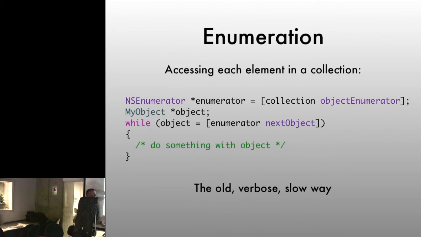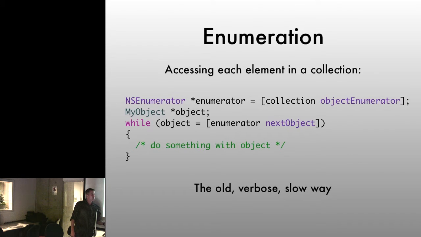Otherwise, you could use the object that was returned. Say you were going through a whole bunch of NSColor objects that you had in a set, you could pull each one of them out one at a time and display them until you ran into a nil. This is the verbose, slow, older way to do that in Objective-C 2, I believe.